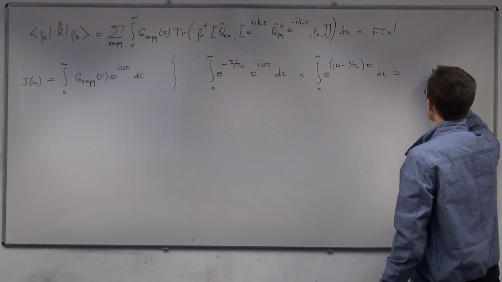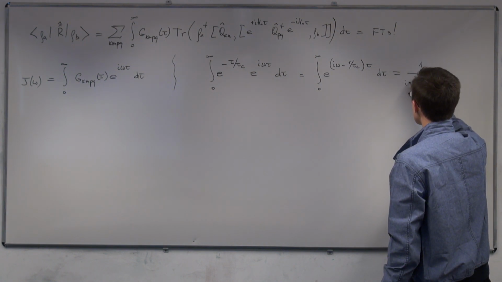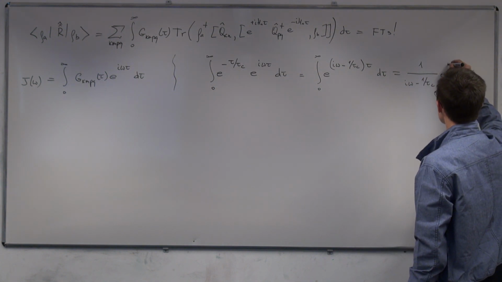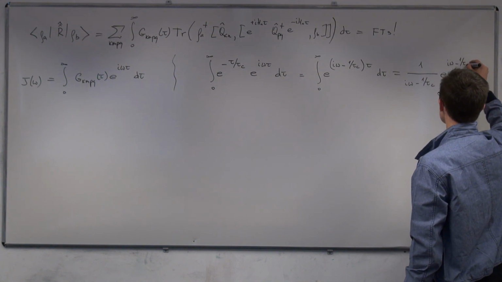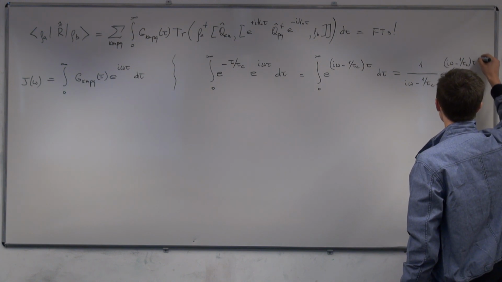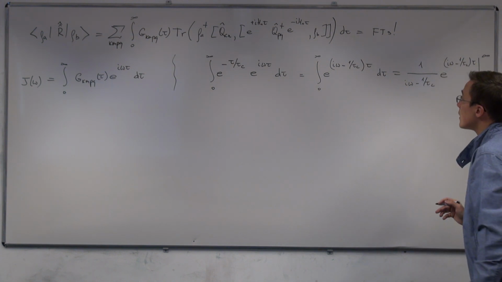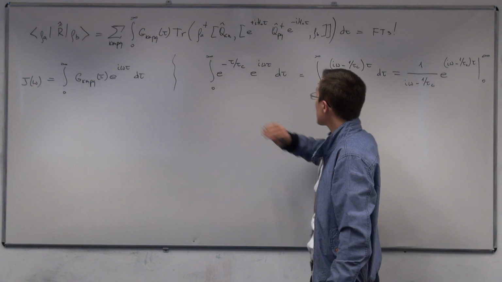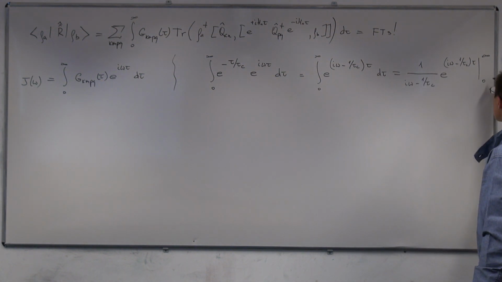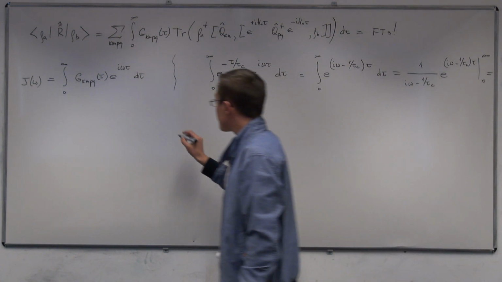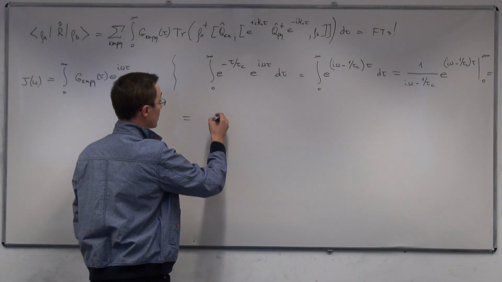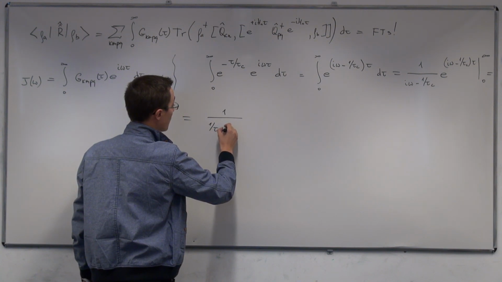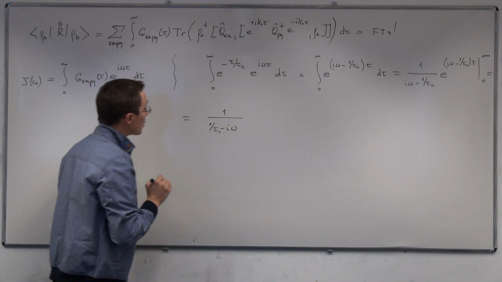That's 1 over that, so 1 over (i omega - 1/tau_c), e^((i omega - 1/tau_c) tau) from 0 to infinity. The infinite limit of this is 0 because we've got a decaying exponential in here. The 0 limit is equal to 1, and so what we got after we've done that is 1 over (1/tau_c - i omega) in the denominator.